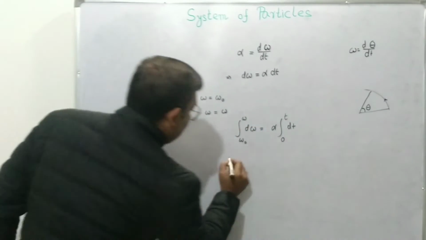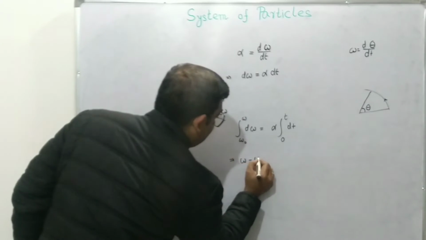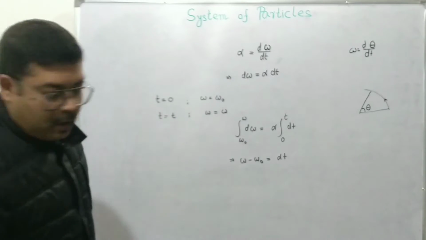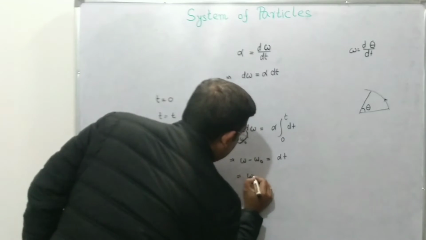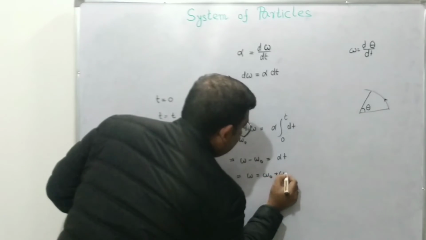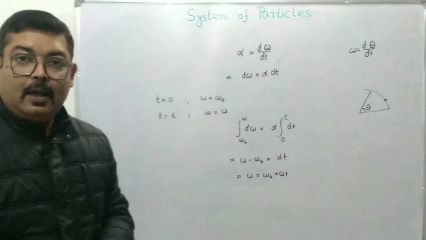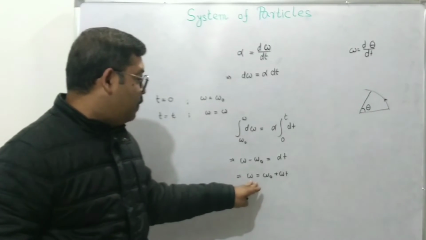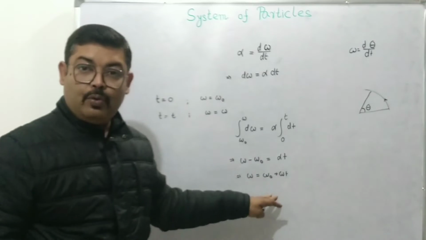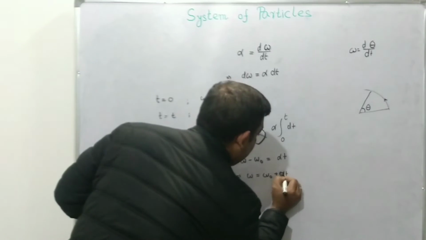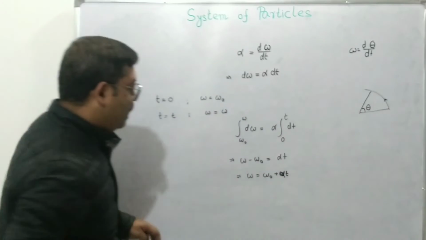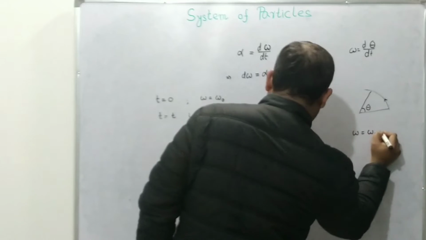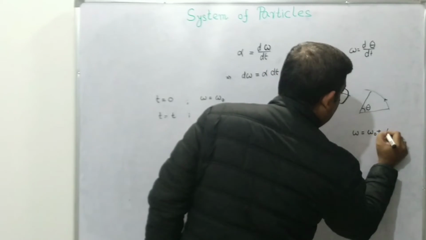So if we solve this, we get omega minus omega naught equal to alpha t, or we can say omega equals omega naught plus alpha t. Quite similar to the equation of linear motion, where we had velocity v equal to u plus at, and this is alpha t. So this is the first equation that we have found, omega equals omega naught plus alpha into t.